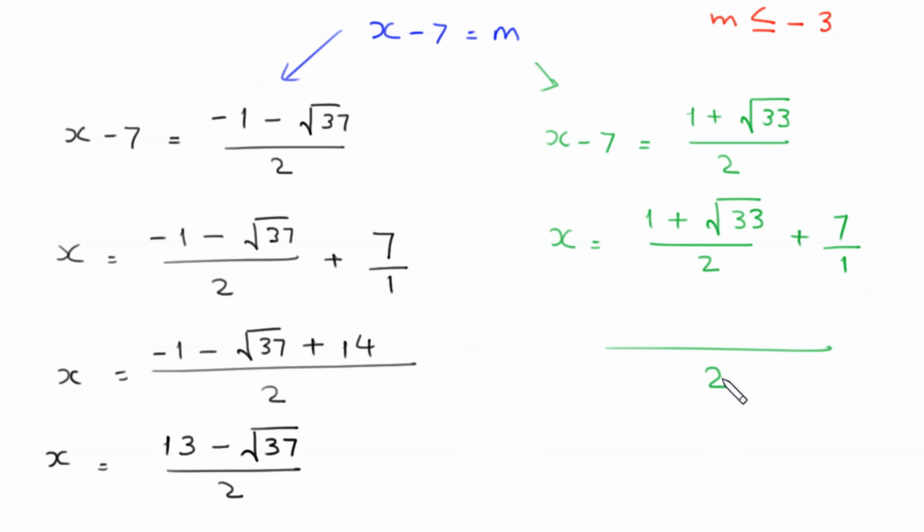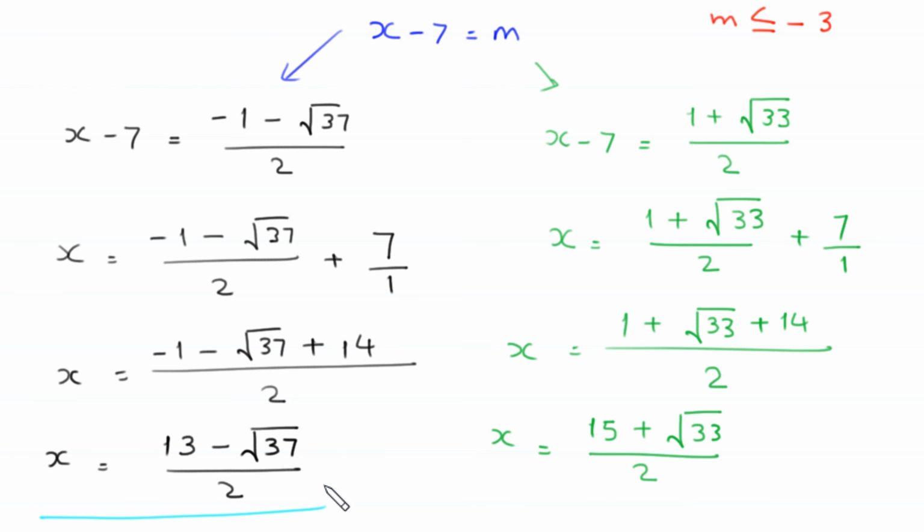LCM is 2, so this 1 plus root 33 will come here, 1 plus root 33 plus 2 divided by 1, 2 times 7, 14. And x will be equal to 1 plus 14 will become 15 plus root 33 divided by 2. So we have two solutions of this equation.